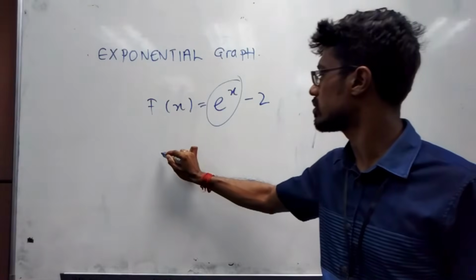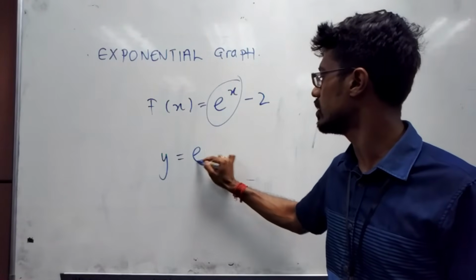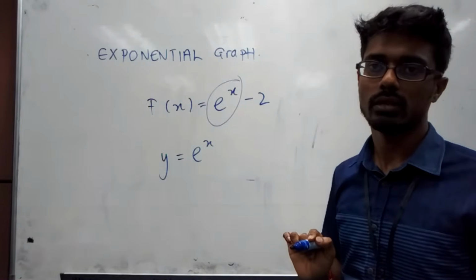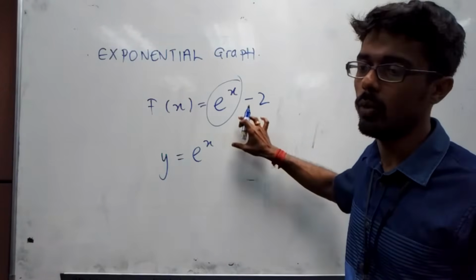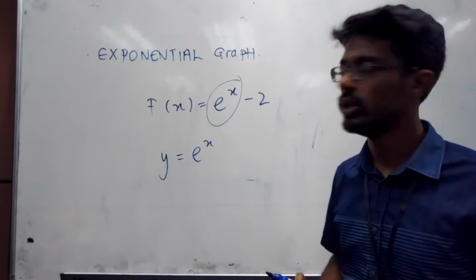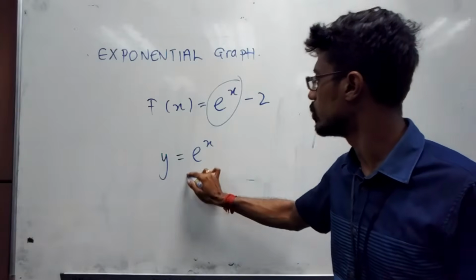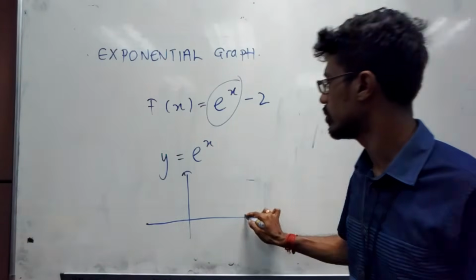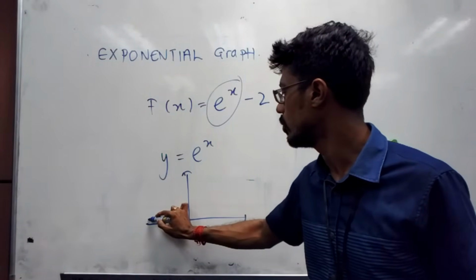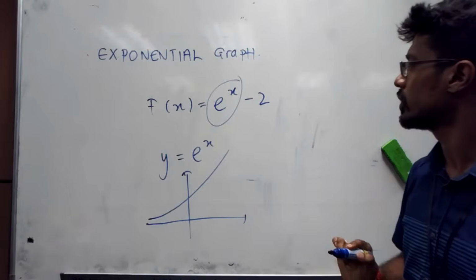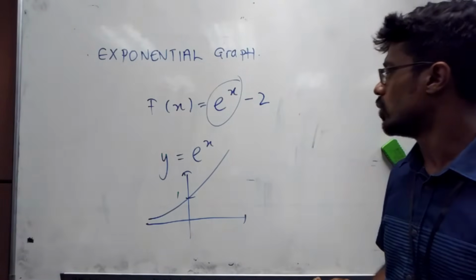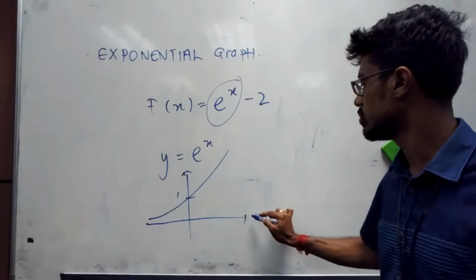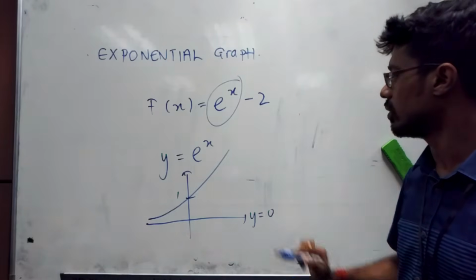So the graph that I will consider first is this one here. First we consider e^x. Then minus 2 will mean I'm pulling the graph down by 2 units. So first we can look at this graph. This graph we already know, we can sketch very easily. For this one, the y-intercept will be 1, and the asymptote will be y equals 0.